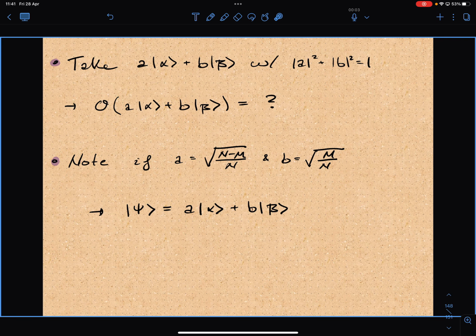And the question here, we'll do another quick one. If we take alpha and beta to be our two vectors, the not-solution and solution vectors, and we have a linear combination of these two, what is the action of the oracle operator on this linear combination?